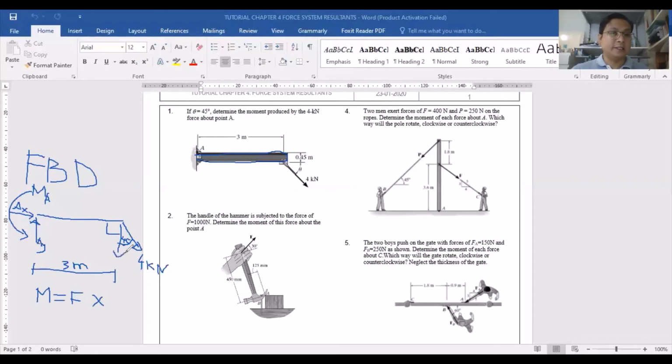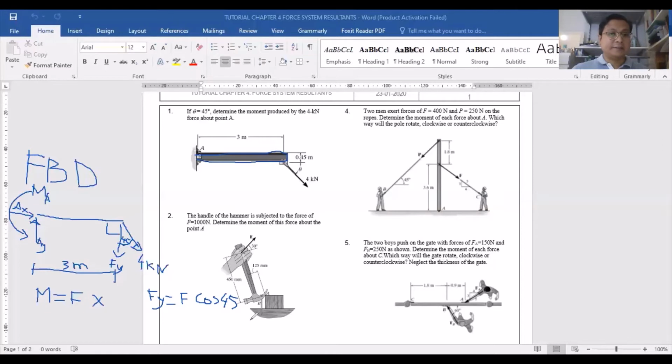So it should be F in the Y direction. So Fy is equal to F times cosine 45.